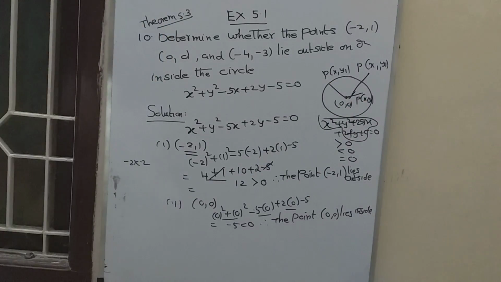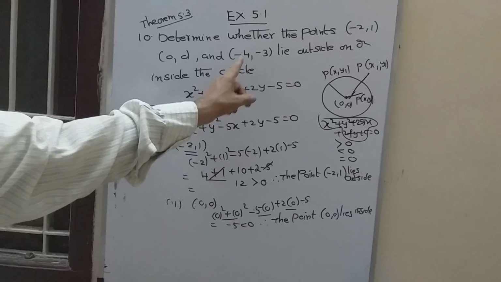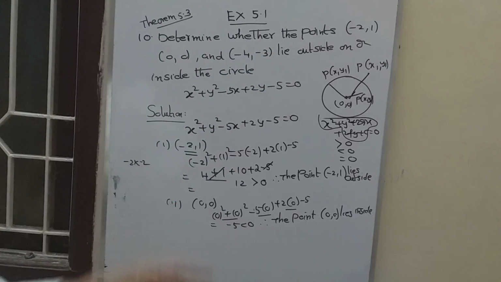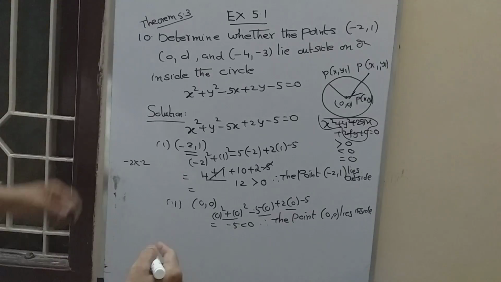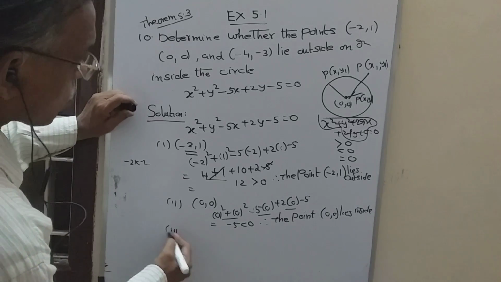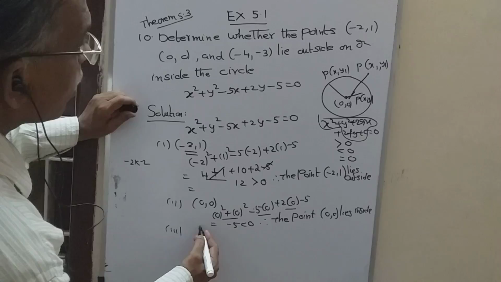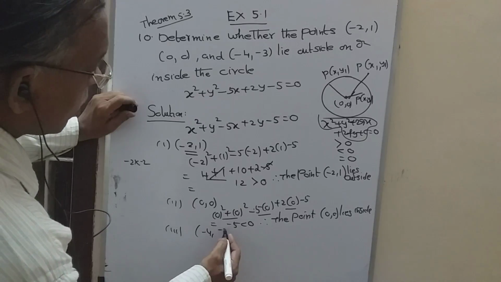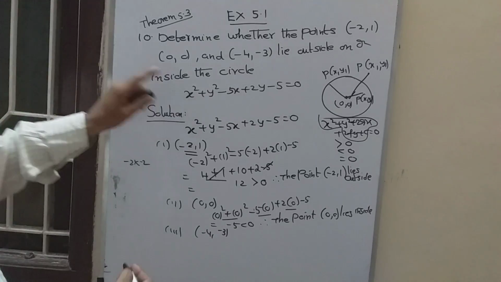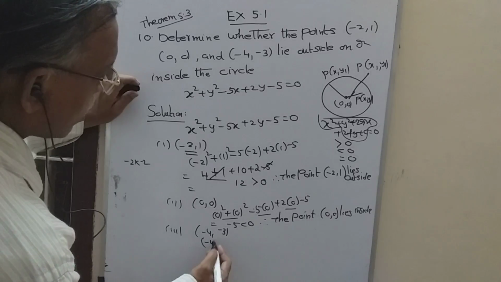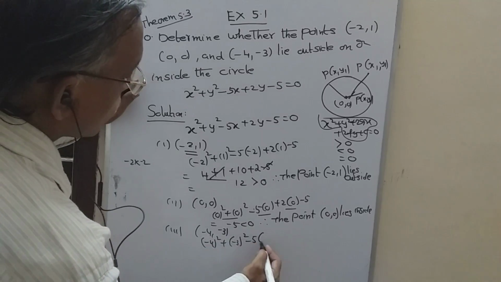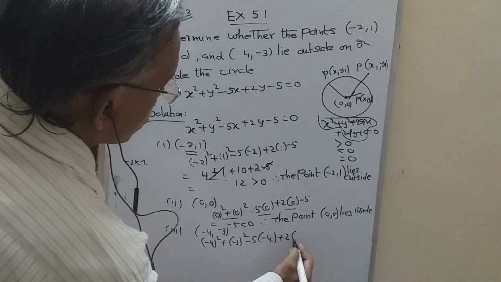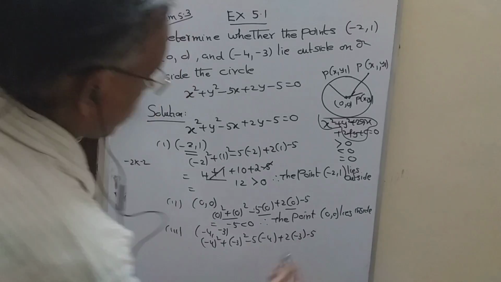Then the last point, students, (-4, -3). Where does this point lie? Same way we will check. The third point, I am substituting: minus 4 the whole square plus minus 3 the whole square minus 5 into minus 4 plus 2 into minus 3 minus 5.